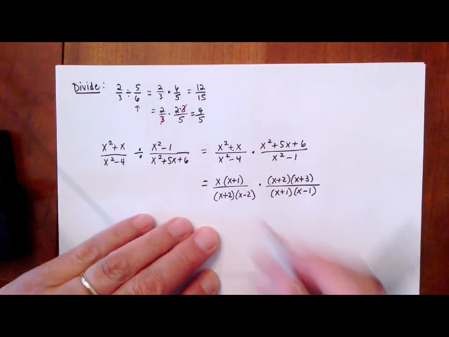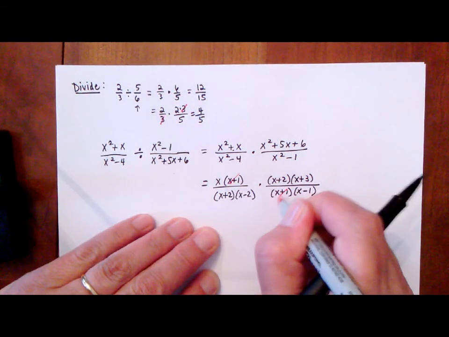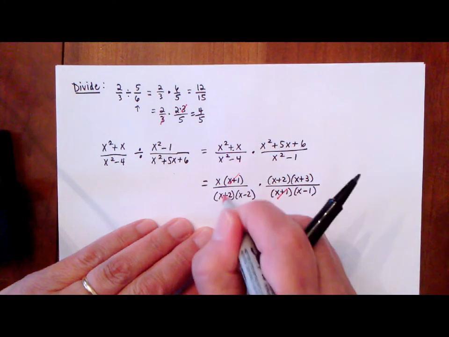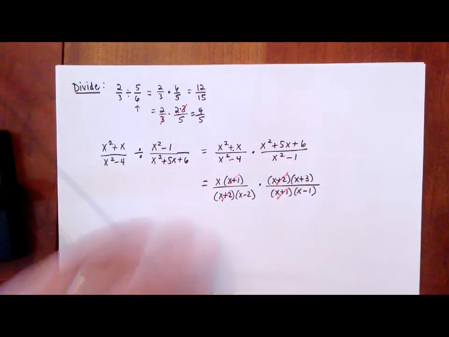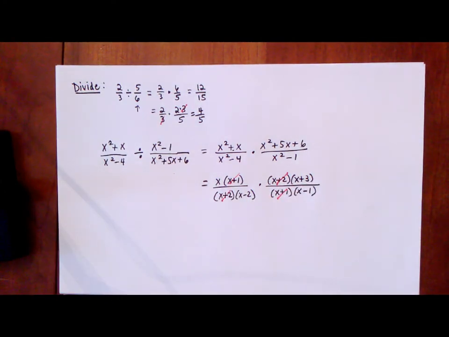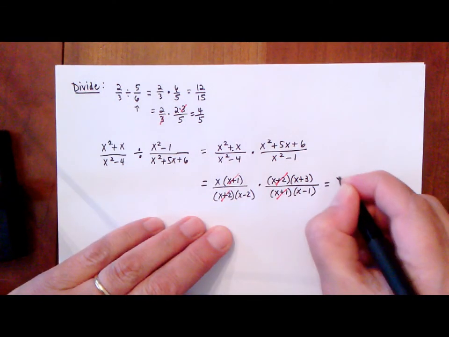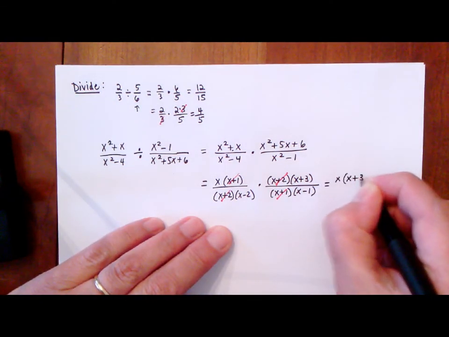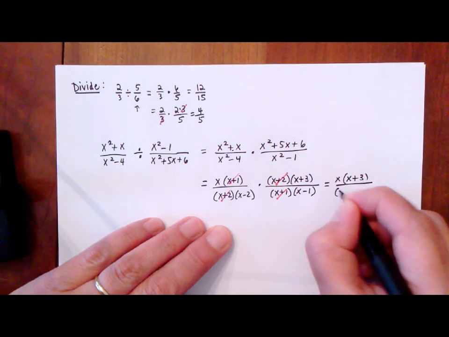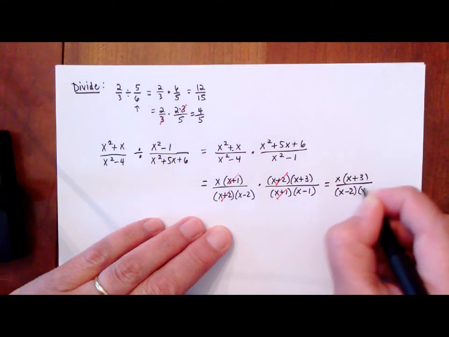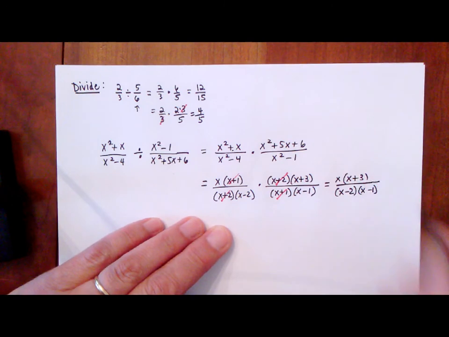I see I have a common factor of x plus 1 here and here, common factor of x plus 2 here and here. Okay, that looks like it. But that's still much better than it could have potentially been. I am not going to bother to multiply back out these factors.